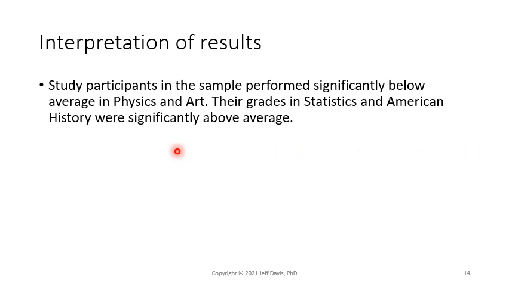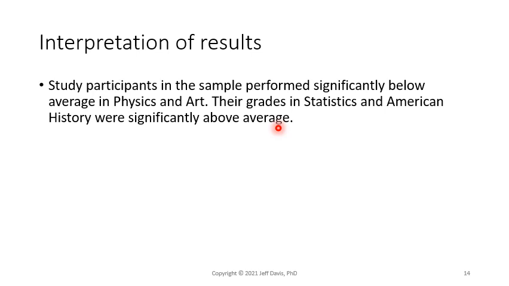So again, the interpretation, I've already given this, but the interpretation can be this straightforward. Study participants in the sample performed significantly below average in physics and art. The grades in statistics and American history were significantly above average. So they did much better in statistics and American history than they did in physics and art. So, again, where do we go?